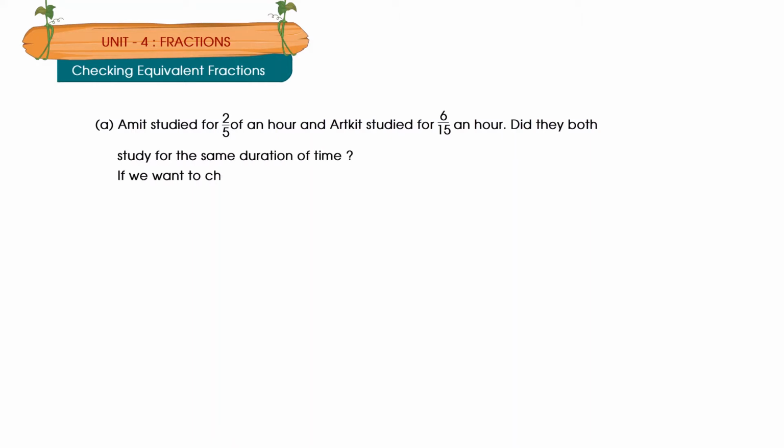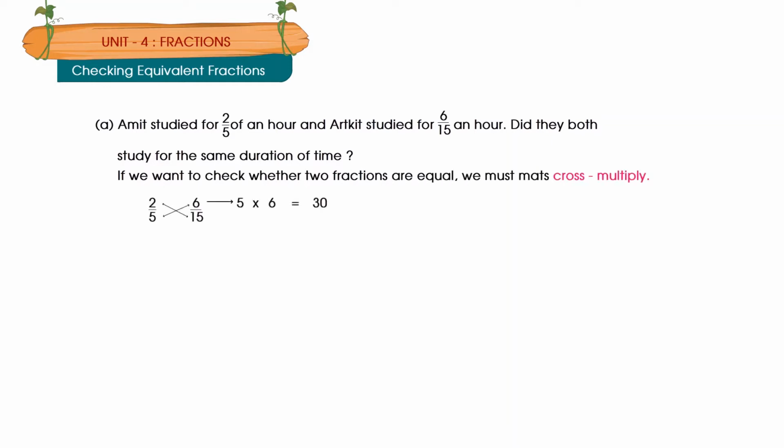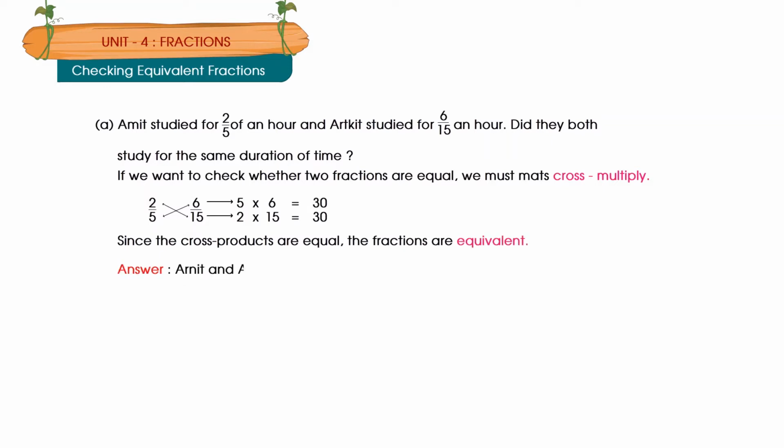If we want to check whether two fractions are equal, we must cross multiply. 2 by 5 and 6 by 15: 5 into 6 is equal to 30. 2 into 15 is equal to 30. Since the cross products are equal, the fractions are equivalent. Answer: Amit and Ankit both studied for the same duration of time.